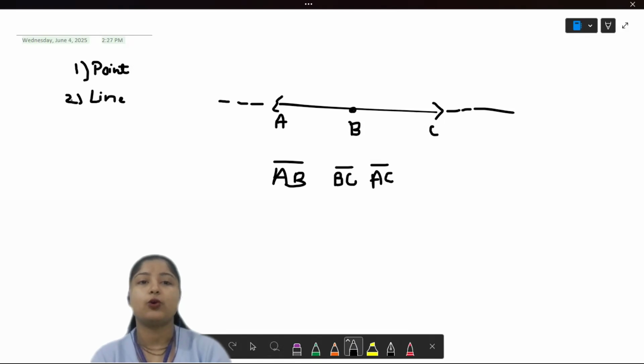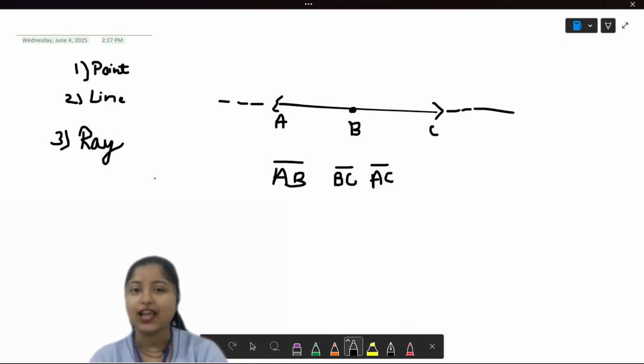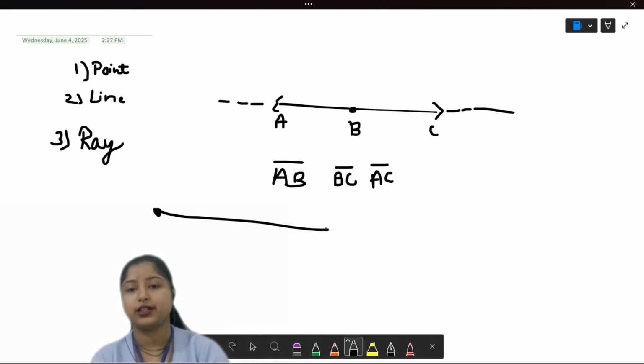Now, let's move on to the third thing, that is a ray. What is a ray? It's a type of line, but with a special thing: a ray has a starting point. For example, this is the point from which the line started.